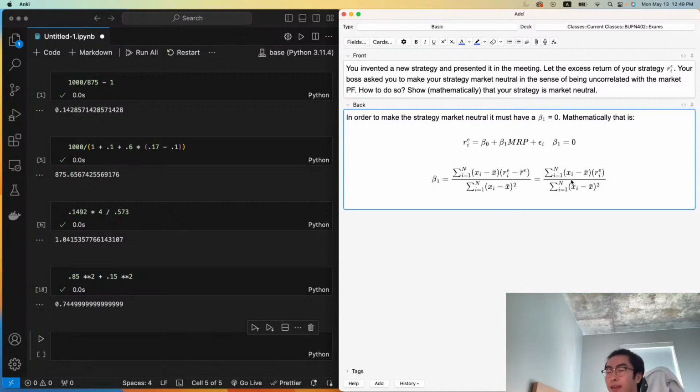So what does that mean? Does that mean you go long when the market is greater than the beta and then short?